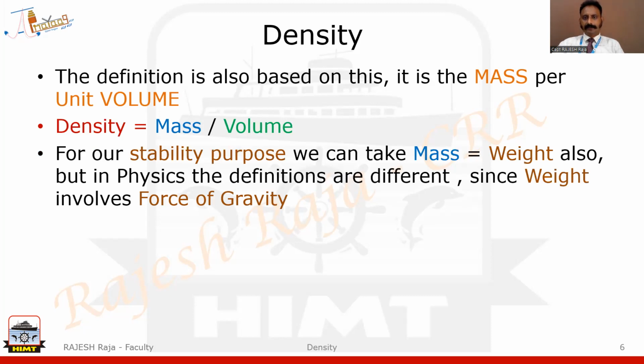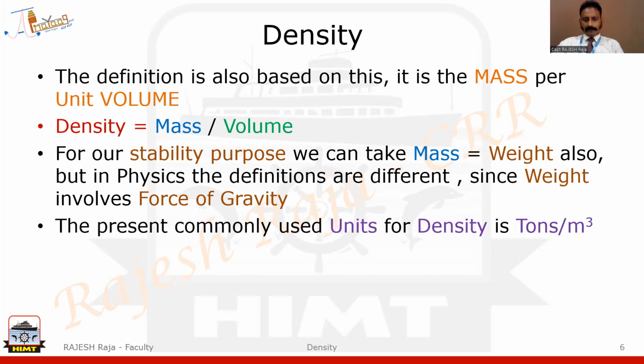For our stability purpose, even though in physics the definitions are slightly different, we will always take mass equal to weight. In physics, for weight, the force of gravity is involved, but we will not talk about it. The commonly used unit of density is tons per meter cube.